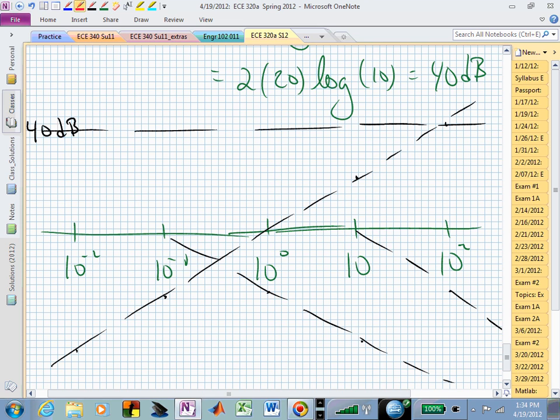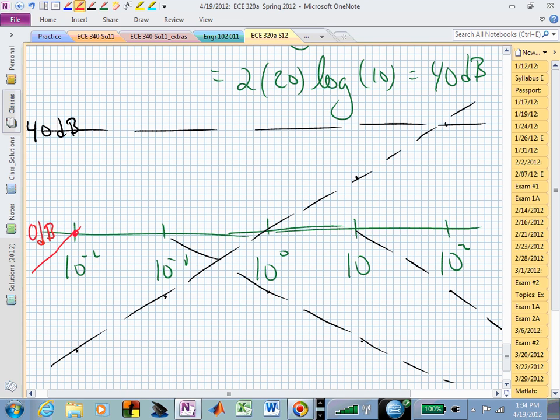Does everybody see that? And which way will I go from that point? Will I go flat? Will I go up? Will I go down? Is everybody okay with me starting at 0 dB? Actually, I'm not starting. I'm actually coming up, but that's where I'm crossing. And I'm going up.